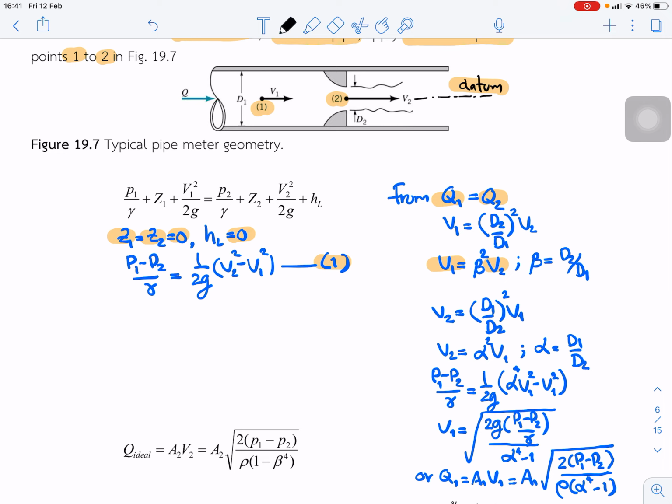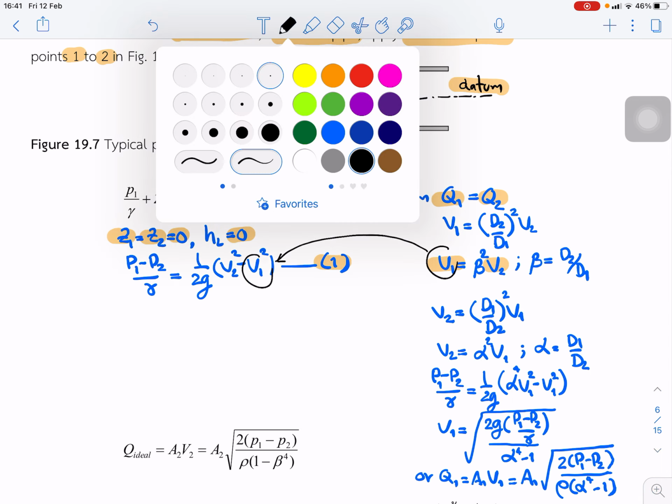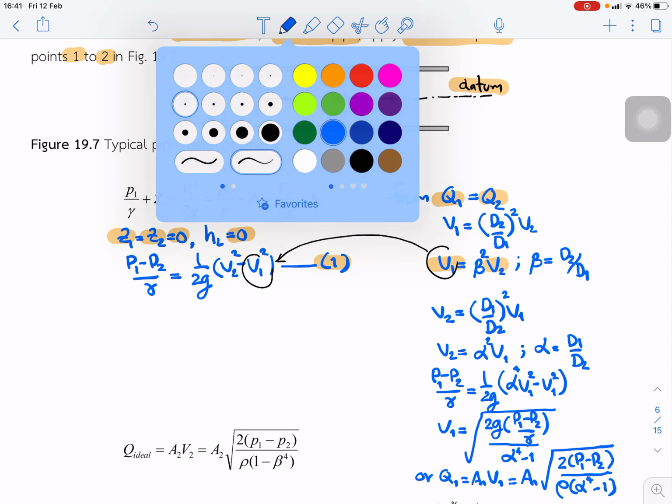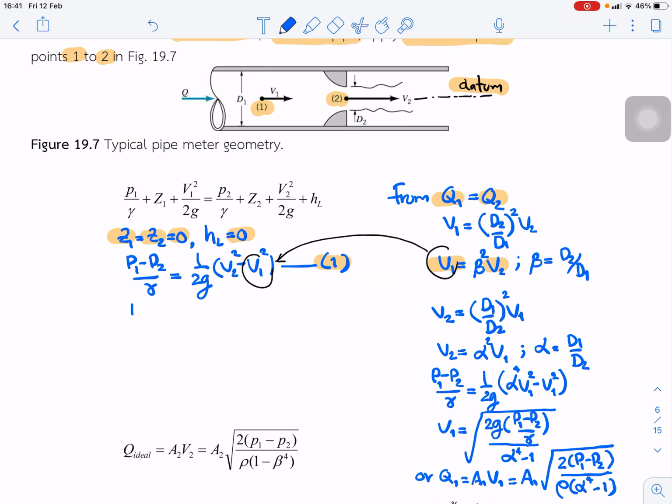And from this, we substitute V1 in this equation. And we get the pressure difference between P1 and P2 equal to 1 over 2 rho times V2 squared minus beta to the power 4 times V2 squared.